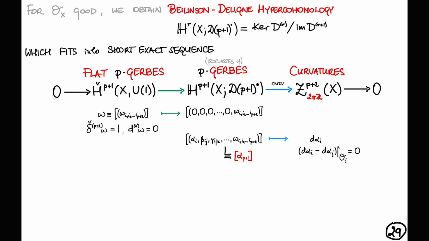Likewise here, we'll maybe do it in the tutorial. You see that if the Cijk's are integral, then the Maxwell form necessarily is an integral form. So likewise here, it's not any closed p plus 2 forms that we get by taking d of the top component. No, it's the integral ones.